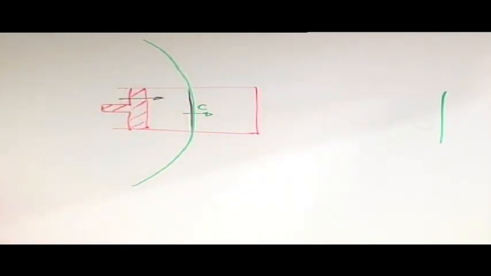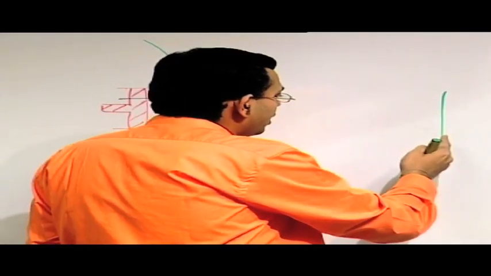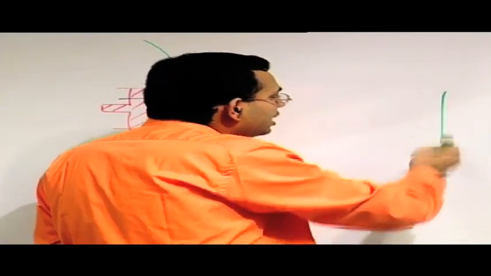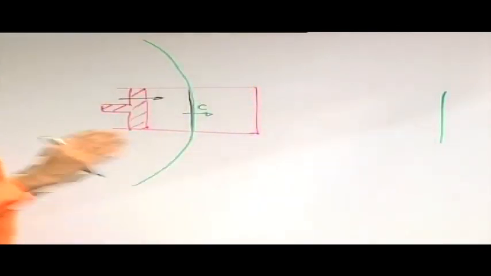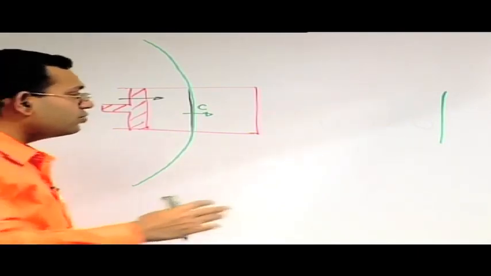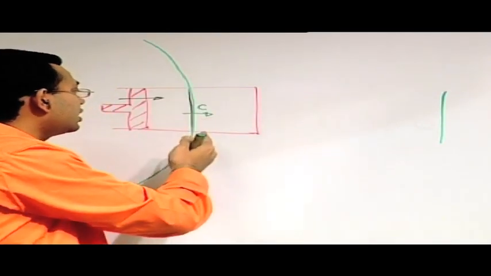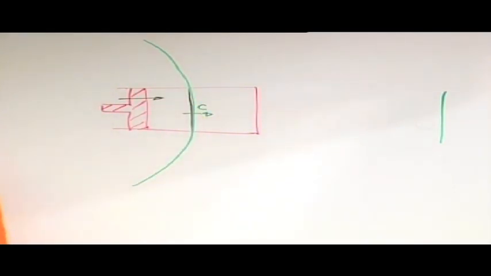Not in all cases is it possible that properties are continuous across a limitingly thin interface, but here we will assume that they are continuous, because this is just a normal wave front. If it is a shock wave front, then that may not be possible.